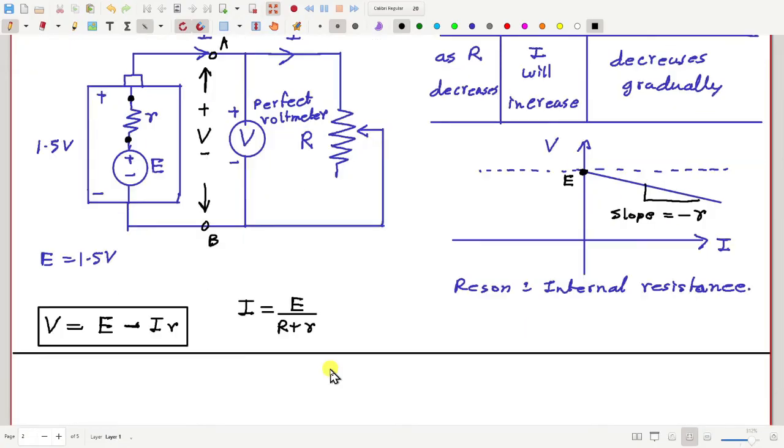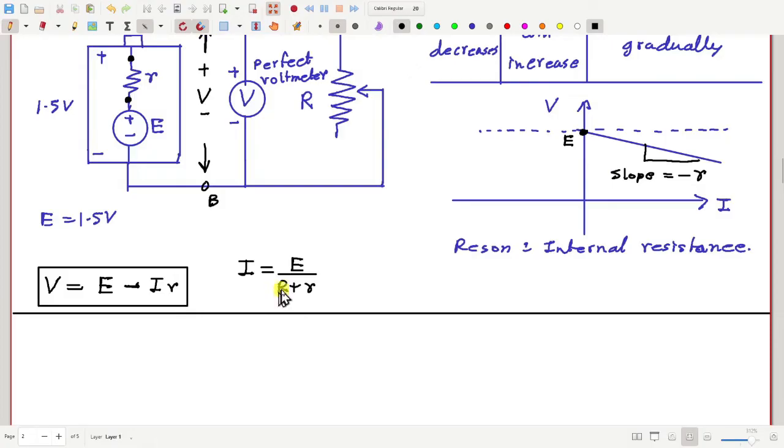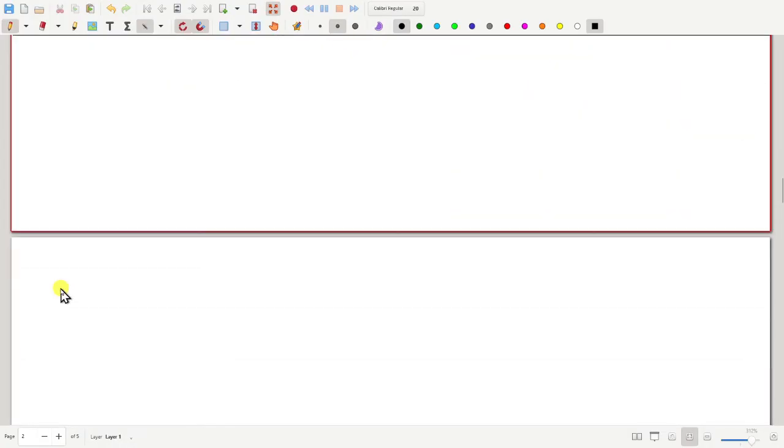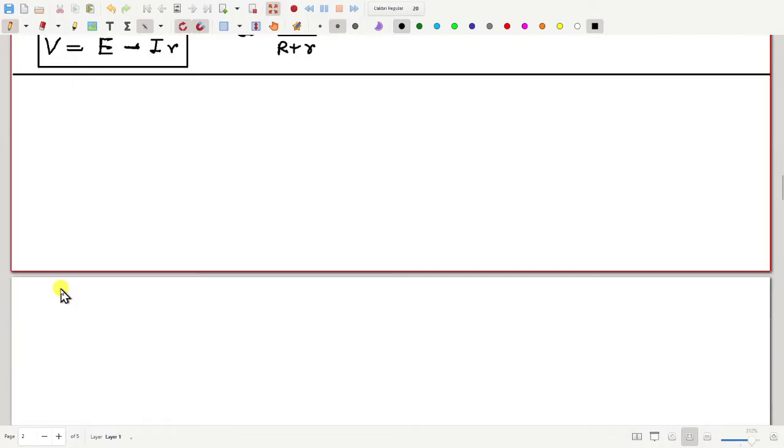Yes. If you change capital R, the variable, then capital I will change and capital V will change. Now, in a similar manner, we can also talk about a practical current source.